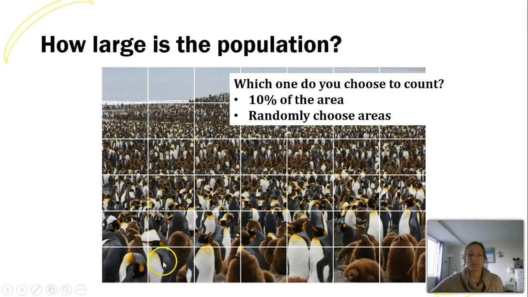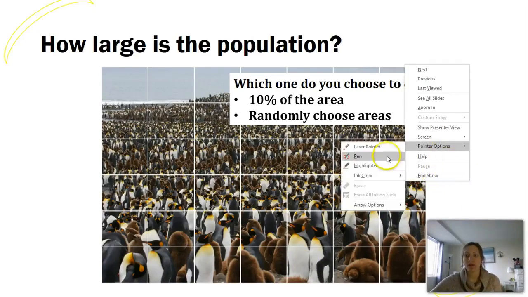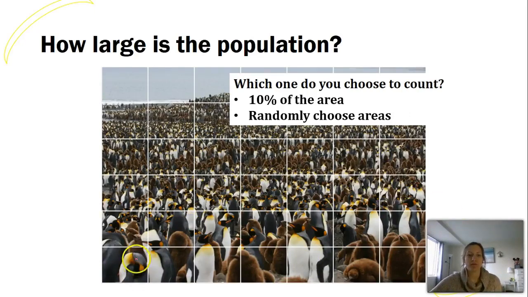They would mark each of these: this would be 1, 2, 3, 4, 5, etc. And then they would use a random number generator and choose their squares that way. So for example, they might have chosen 1, and then maybe a number like 10. This one came up, this one came up, and this one came up. Whatever the number generator said.